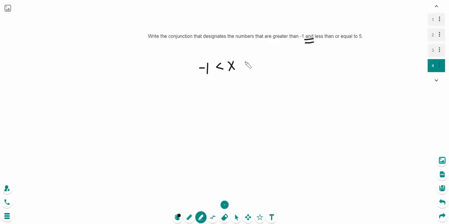So this x has to be less than or equal to 5. Notice again, it's less than. So the alligator is eating the bigger number, the 5. All right. So this would be the conjunction statement expressing x as greater than -1 and less than or equal to 5.